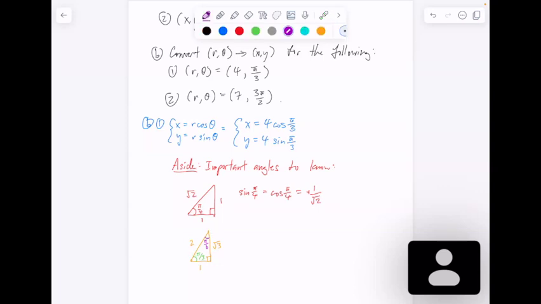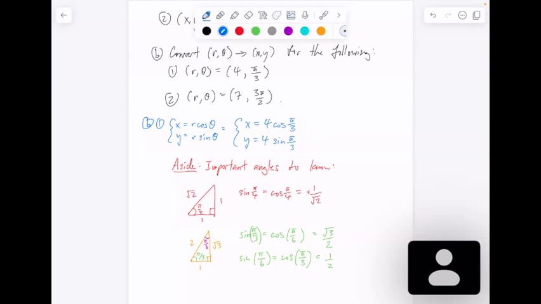And so reading off this triangle, sin(π/3) is the same as cos(π/6), which is the same thing as √3/2. And sin(π/6) is the same thing as cos(π/3), which is the same thing as a half.